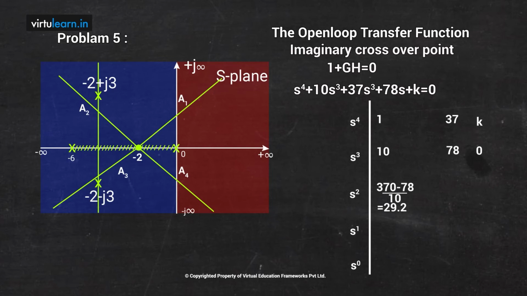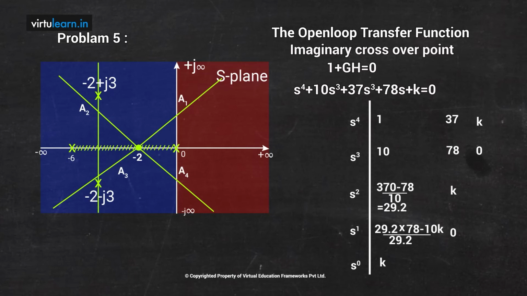So this gives us 29.2, and this we can directly copy from there, that is k. Similarly, I can write the S power 1 row, and this is going to be 29.2 into 78 minus 10k divided by 29.2, and this is of course 0. And what will be the last row? We can directly take that k and place it here, that will be carried forward here.